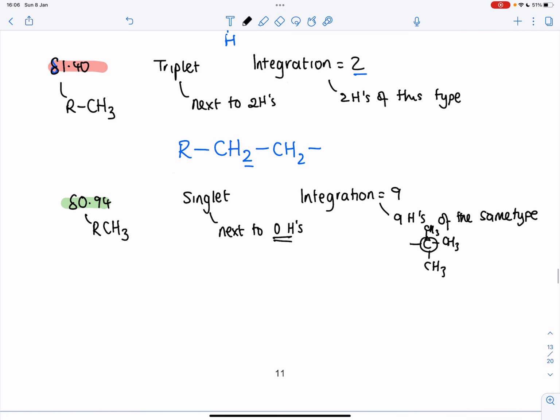So we've got the 9 equivalent CH protons here. So this was our green bit, CH3, CH3, CH3.